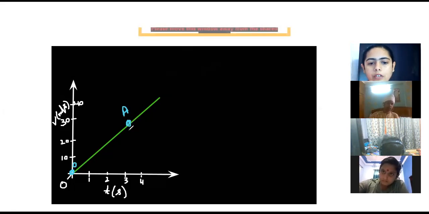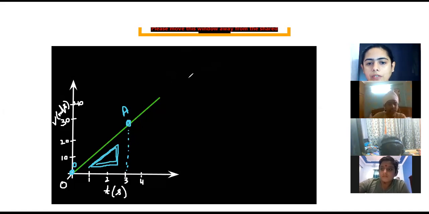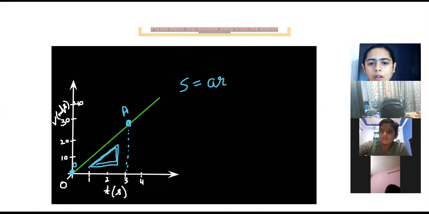If you will see, you will be having a figure formed over here. It's a kind of triangle. Yes, it's a kind of triangle. So for displacement, what you will do? You will find out the area of this triangle. So you can write here that S, that is displacement, is equal to area of triangle.